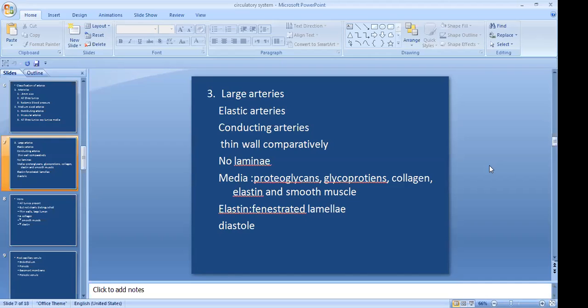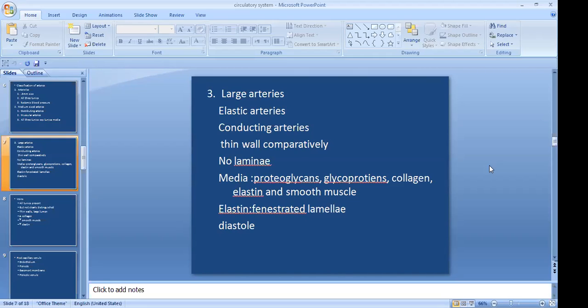They are called conducting arteries because they conduct blood to the different parts of the body. Usually they are big vessels such as the aortic arch and thoracic aorta. These are examples of the large arteries.